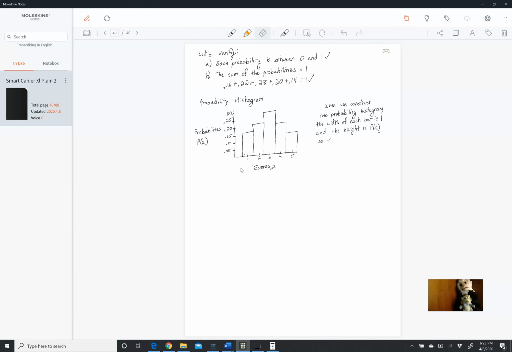So the area of each bar is just 1 times P of X, or P of X. Again, this is just to mention it now. It's going to become more important later, so don't worry about it too much at this moment. You're just saying, okay, well, this has a width of 1 and a height of P of X. So when we do the area of the bar, it's width times height, okay? And that is just going to be P of X, okay?